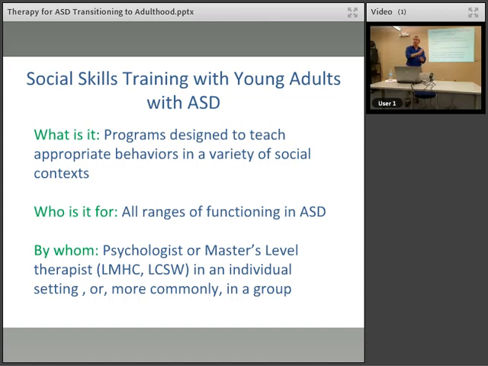As they're transitioning, the demands of an 18, 19, 20-year-old are very different than the demands of even a 14, 15, 16-year-old. So even at this time, there are going to be different things that they're going to have to learn. And again, the difficulty with generalizing skills and adapting, learning new skills on their own, is a lot of times impaired. So this is something that's for all ranges of functioning with ASD.